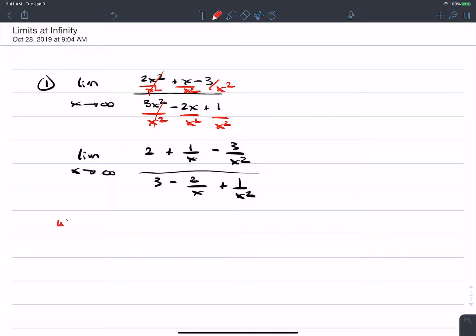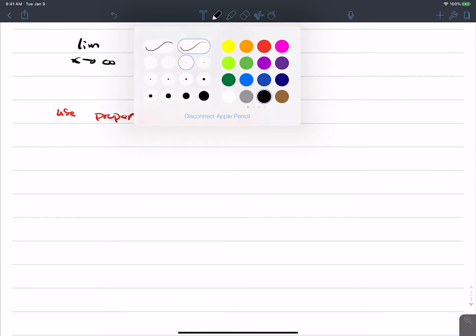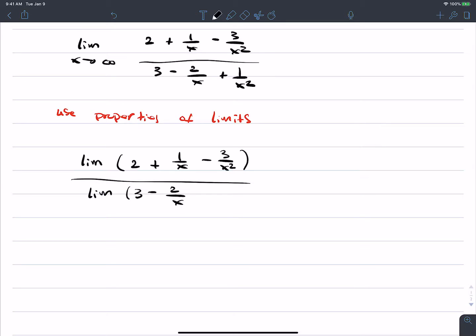Now I'm going to say, again, you're going to use those properties. So you get to use properties of limits now. So by properties of limits, I'll go through all the properties again for you so you guys can see that, and then after that we won't. You got the limit of a quotient, which is quotient of limits, right?